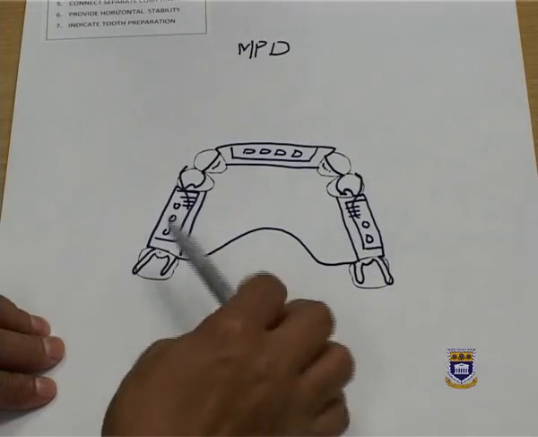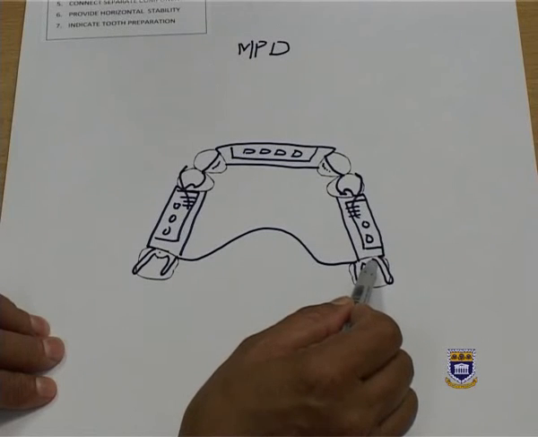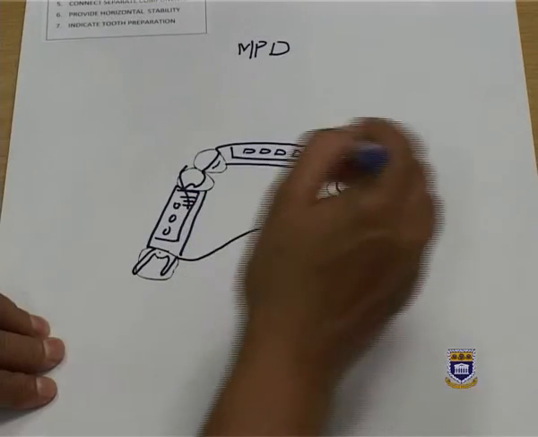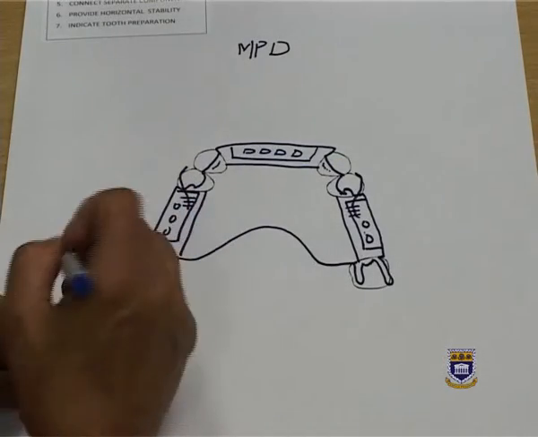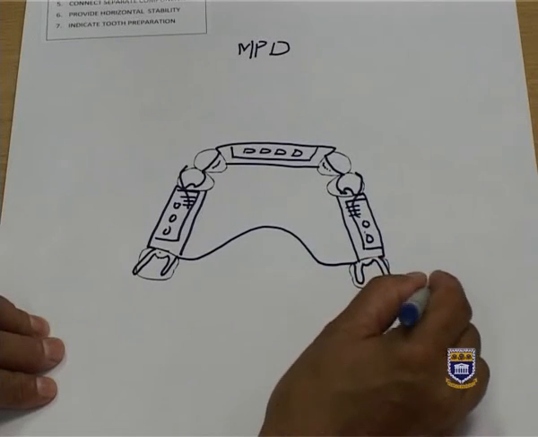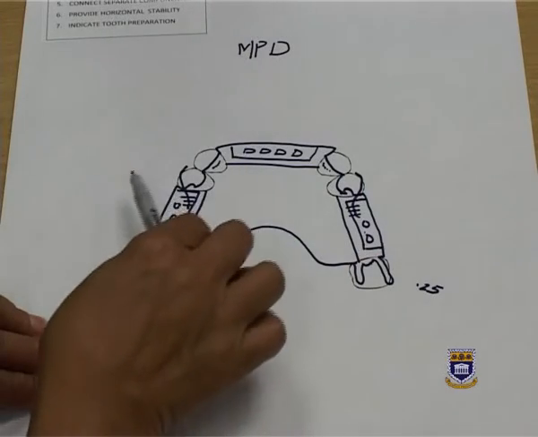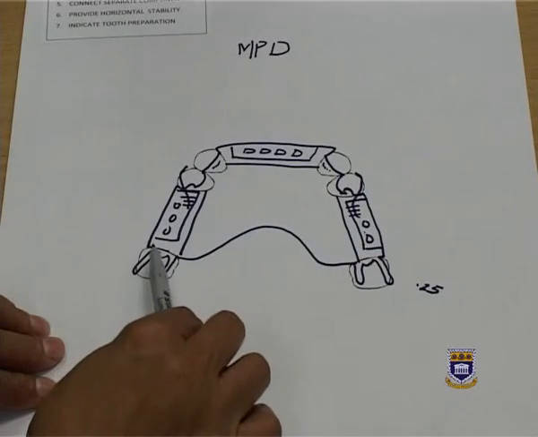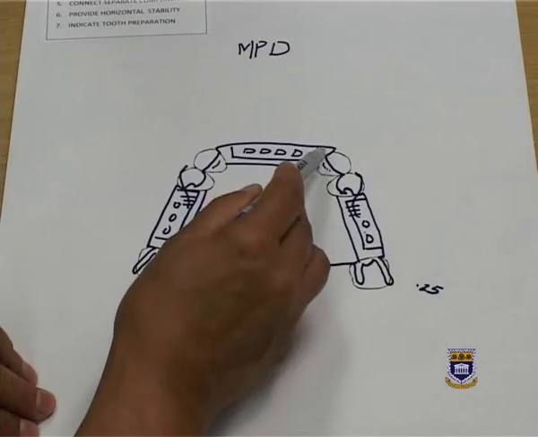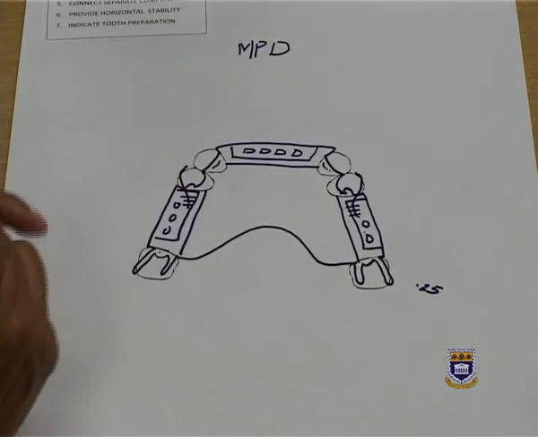In this metal partial denture, I've got 2 circumferential clasps and an additional 2 C clasps engaging the mesiobuccal undercut on the premolars. My circumferential clasps engage a 0.25 undercut on my molars. And this will be one design where I've used circumferential clasps on my canine. I've chosen to extend my major connector over all the teeth.